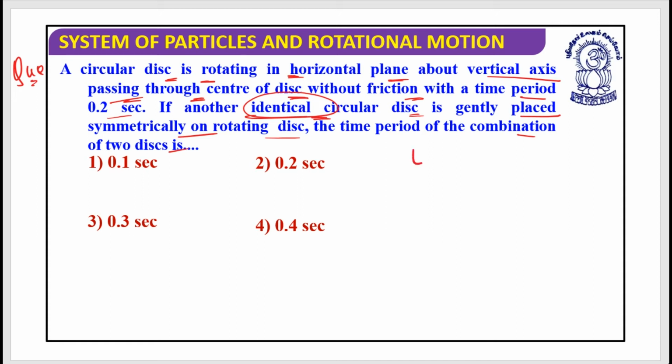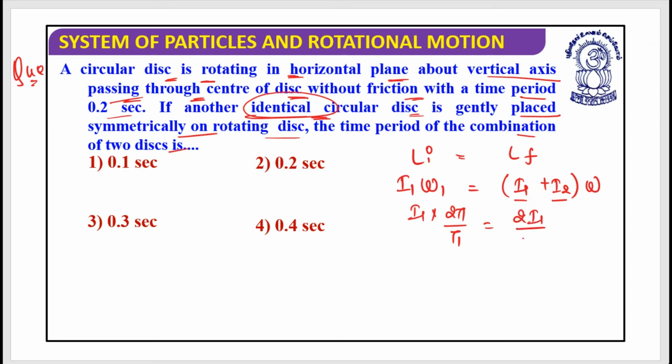So Li is equal to Lf. Initially only one disk was rotating, so it's I1 omega 1. Then two disks were rotating, so I write I1 plus I2 multiplied by omega. I1 multiplied by omega 1, which is 2 pi by T1, equals, as they said identical, 2I1 times 2 pi by T2.